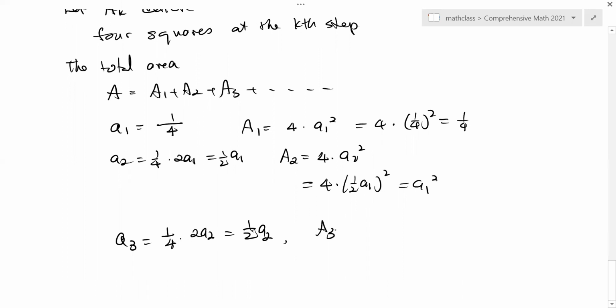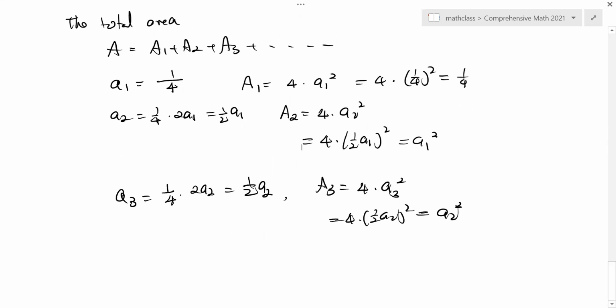But the total area is 4 times A3 squared, so 4 times half of A2 squared, and after that you get A2 squared. So we have the general formula. In general, A_k is half of A_(k-1), and capital A_k is just a_(k-1) squared.